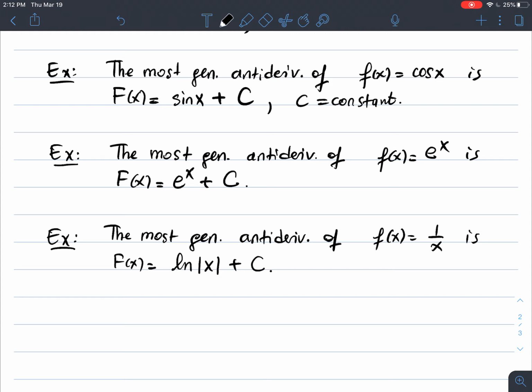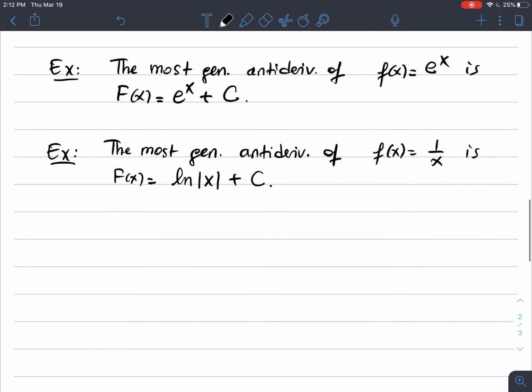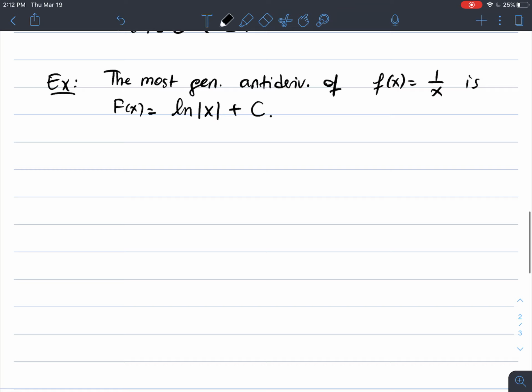So now this most general antiderivative has a different name. So this is called also the indefinite integral of the function little f. So let me write down a definition. Okay, so definition. Let me make this red because this is important.